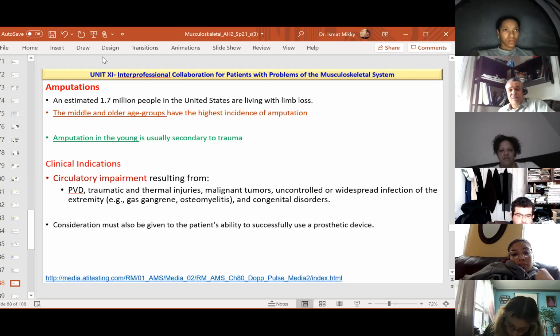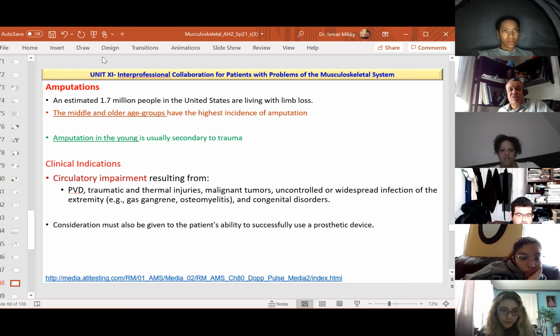So patients will undergo this type of surgery, the amputation, because of the effect of, for example, PVD, atherosclerosis, vascular changes related to, for example, diabetes mellitus.